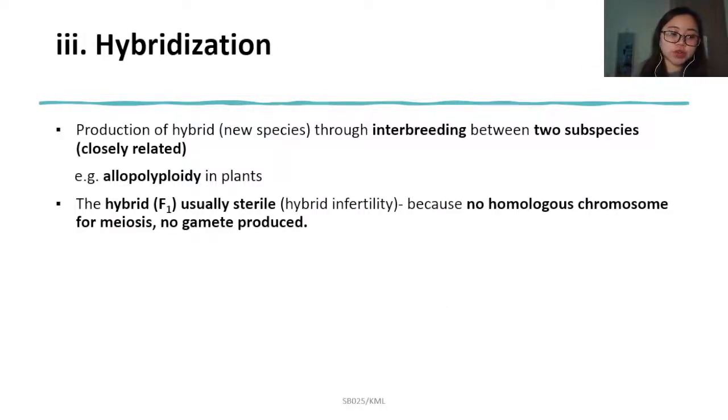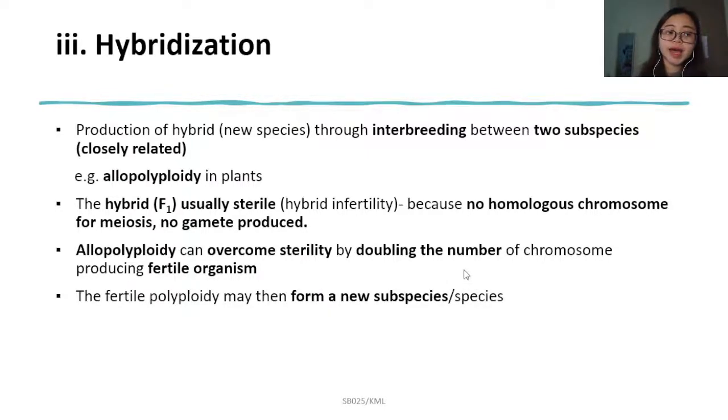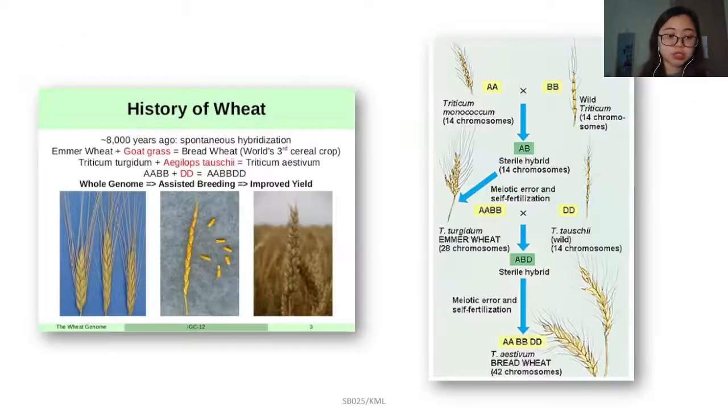F1 or first generation hybrid is usually sterile because there is no homologous chromosome for meiosis, so no gamete is produced. But allopolyploidy, especially in plants, can overcome this sterility by doubling the number of chromosomes, producing a fertile organism. And the fertile polyploid may then form a new subspecies or species. So ini yang macam gambar red, yellow, and orange flower that I showed earlier.